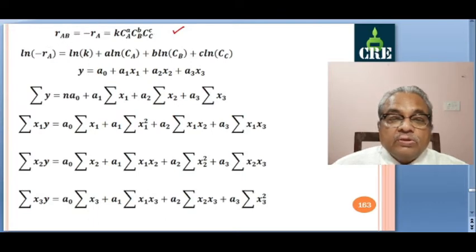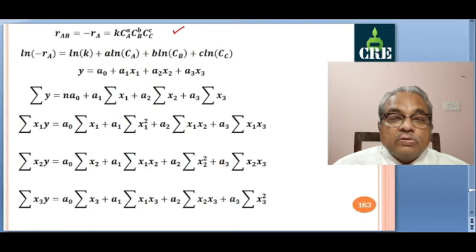We take ln of both the sides, ln of minus Ra or ln of RAB, same thing, is equal to ln of K plus a ln Ca plus b ln Cb plus c ln Cc. And now I express this in these terms. The notations I use: y for ln of minus Ra, A0 for ln of K, x1 for ln of Ca, x2 for ln of Cb, x3 for ln of Cc.